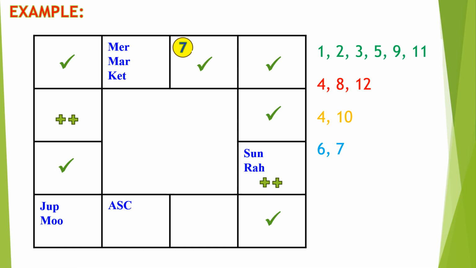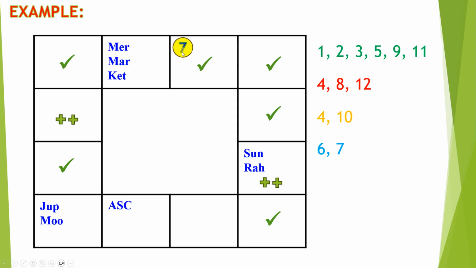The tenth bhava will be the tenth to the seventh bhava. That is, if we count from the tenth bhava, this seventh bhava will be the tenth to that bhava. If we count from the fourth bhava, then the seventh bhava will be the fourth to the fourth bhava.